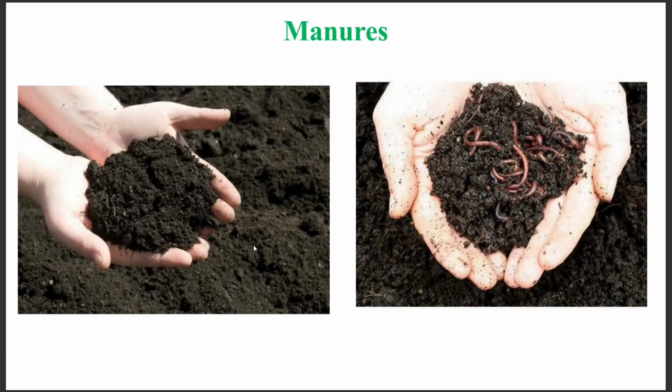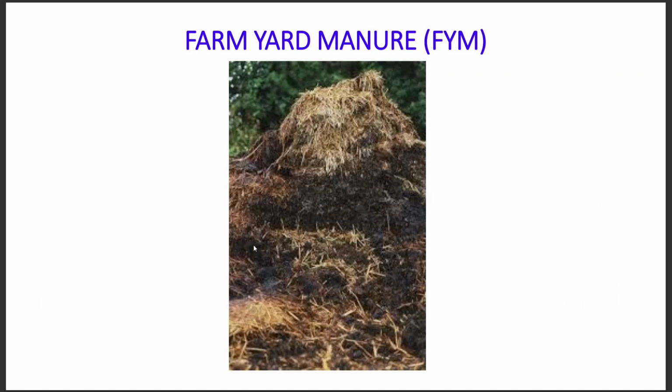After that, we have manures. They are mainly organic in nature, and this is the farmyard manure. We collect the farmyard leftovers, mainly the feed leftovers, the urine, cow dung. All these things are kept in one area, and then we transport them to the land or farming area and use them as manure.